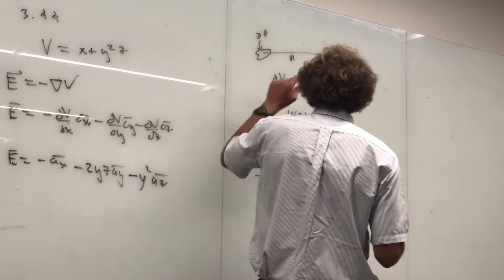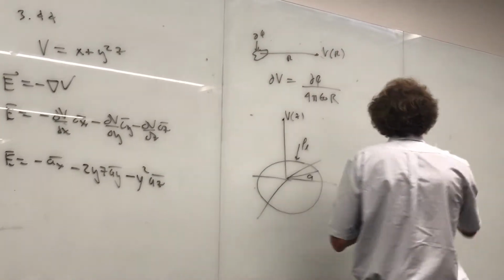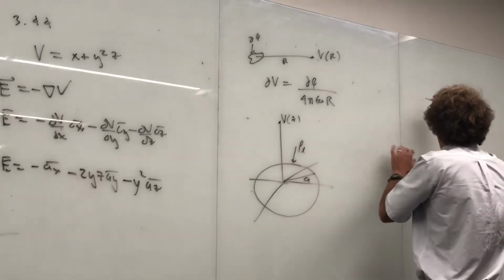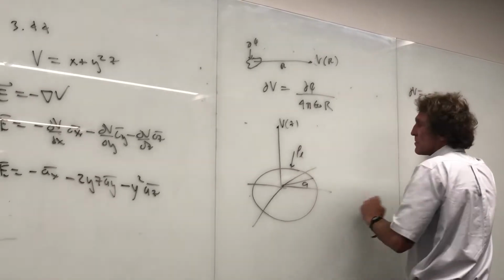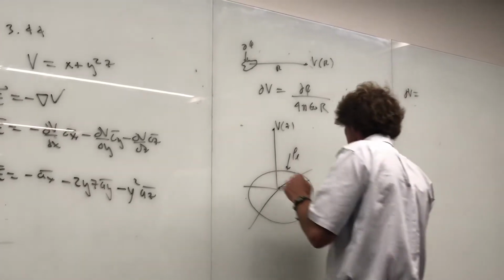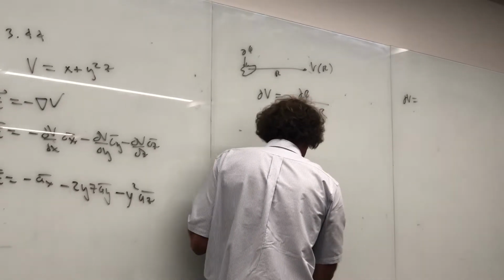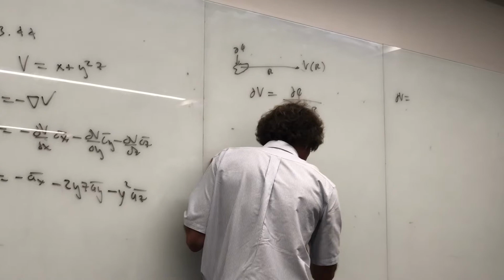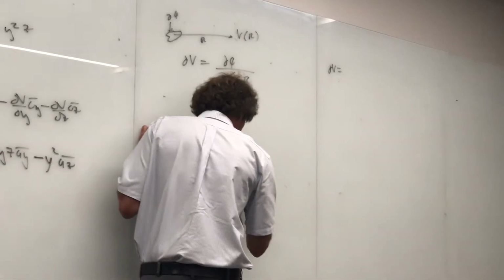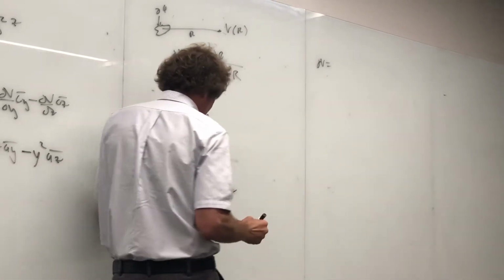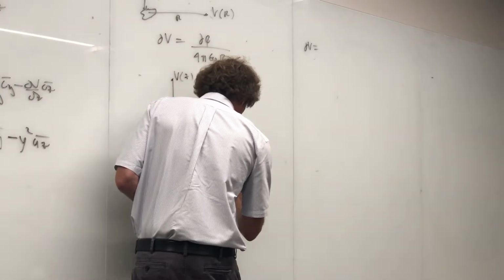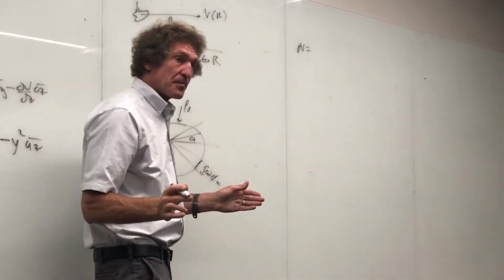All right, now, when I do this, for this problem dV would be equal to, and what you have to do is take a little chunk of this thing. So if you think about this, this has an extent d phi, times a for the length. That would be equal to dl. You all agree with that?